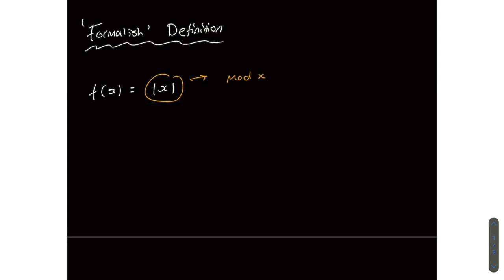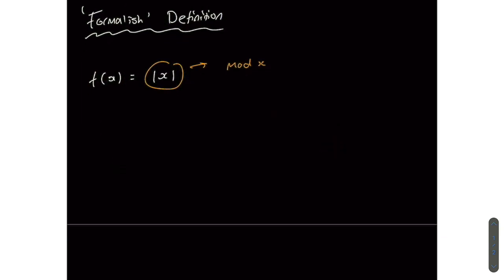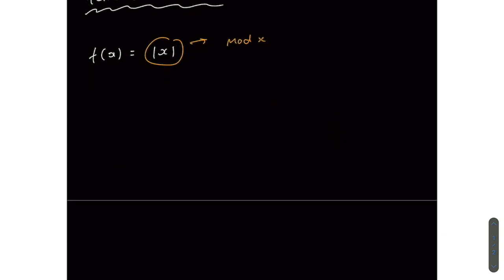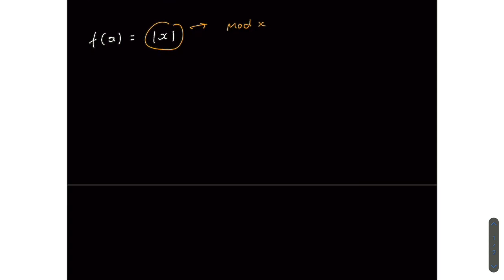When I say mod x, what I'm saying is in the absolute value sense. And so what we can say then is the absolute value of x equals x for x bigger or equal to 0, and the absolute value of x is equal to minus x for x smaller than 0.